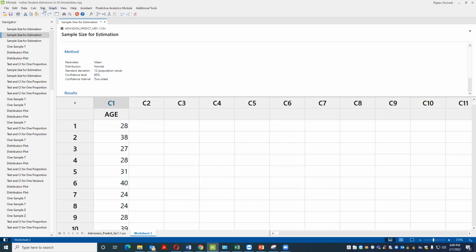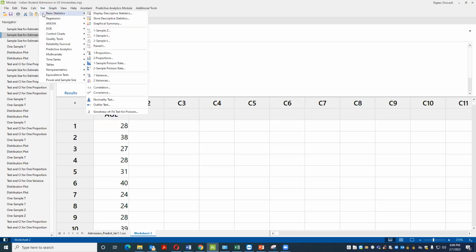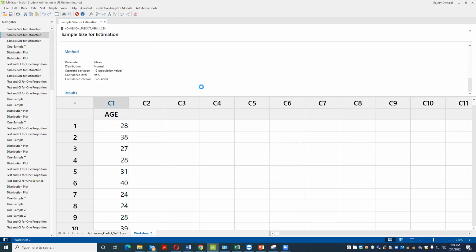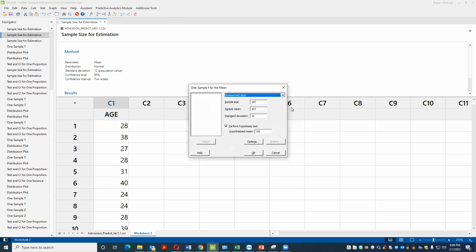Now I would like to go under Statistics, Basic Statistics. I don't have the standard deviation of age for the entire 150 students, so I'm just going to use a one sample t-test. Here I have the data right in this column. The hypothesized mean that I decided is 30, isn't it?